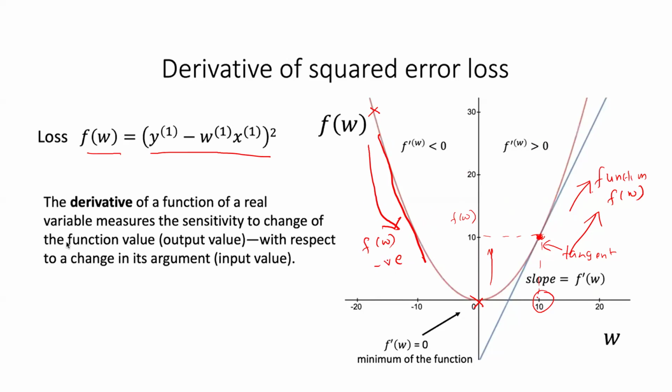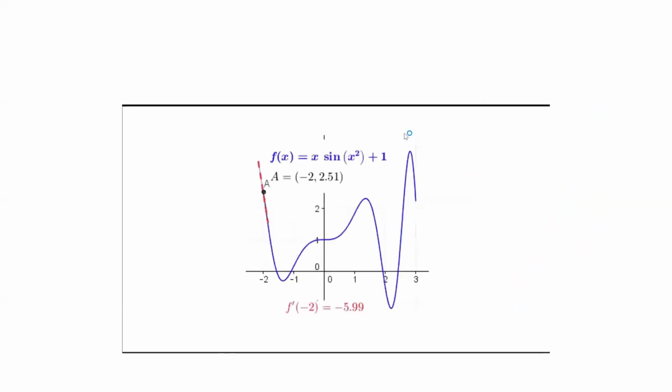For understanding, let's see this one. Here you can see this is a complex graph, the derivative of a complex function f of x equal to x sine of x square plus 1. Now you can see that when I'm applying a tangent, we are going from left to right.